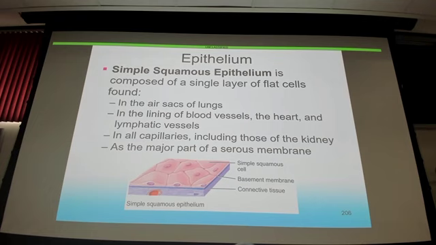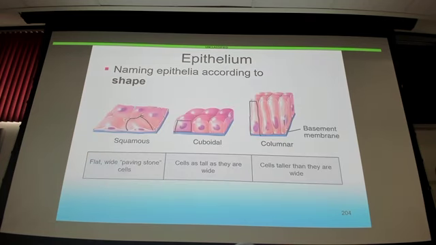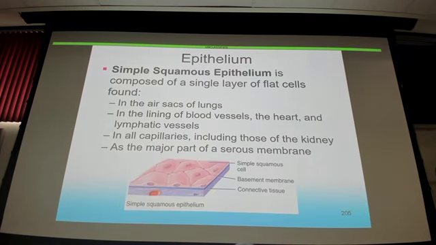Okay, the next one. We're going to take these naming criteria and add them together. What if you said it's a simple squamous epithelium? That means it's one layer, and they're flat cells that look like paving stones, so they call it simple squamous.